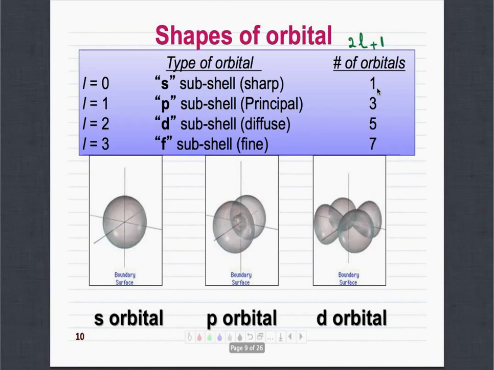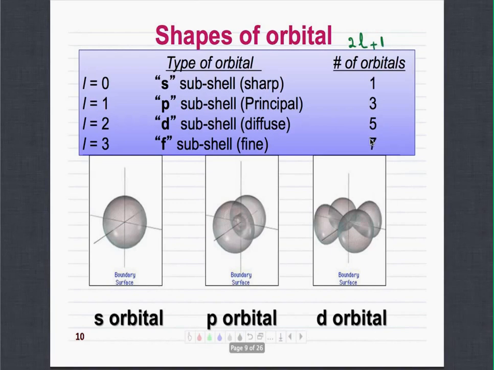Let's go to the F. The number of orbitals in an F is 2L plus 1. The L for F is 3, so 2 times 3 plus 1, 7 orbitals. So this one we're going to represent as 1, 2, 3, 4, 5, 6, 7, and the F has 7 orbitals. Okay? So you need to know those.